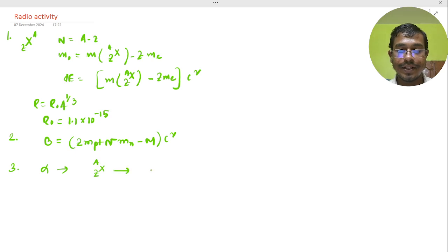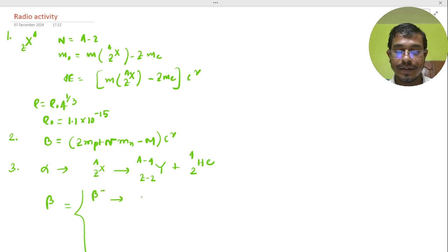And radioactive decay: for alpha decay, ZXA by decaying becomes Z minus 2 atomic number, and the mass number decreases by 4, plus a helium nucleus. And beta decay has two types. First is beta minus: ZXA goes to Y with Z plus 1, A, plus beta minus plus nu bar.